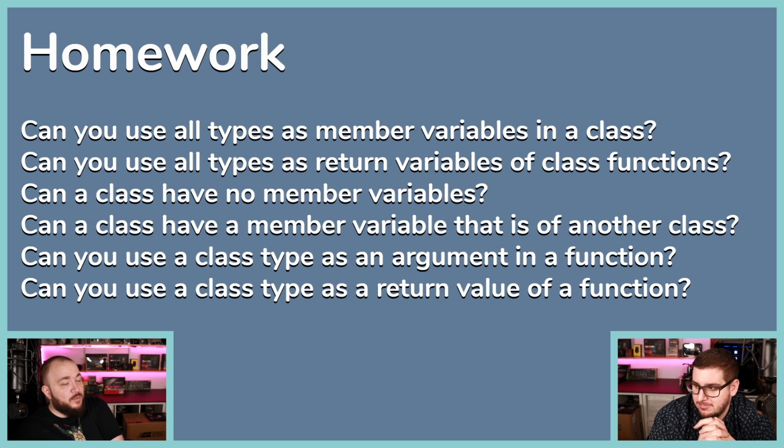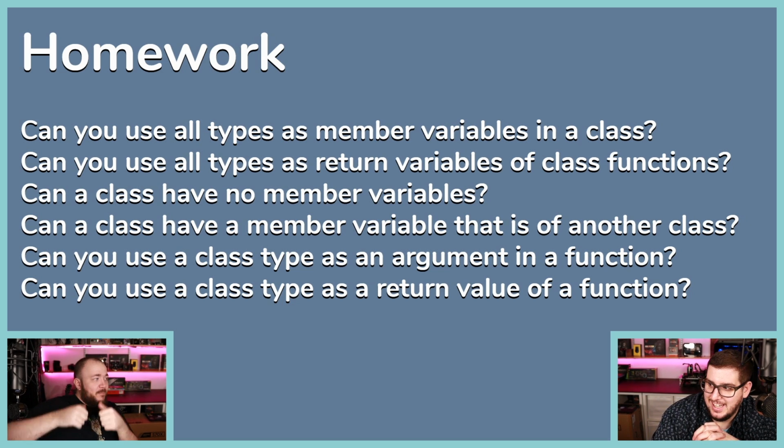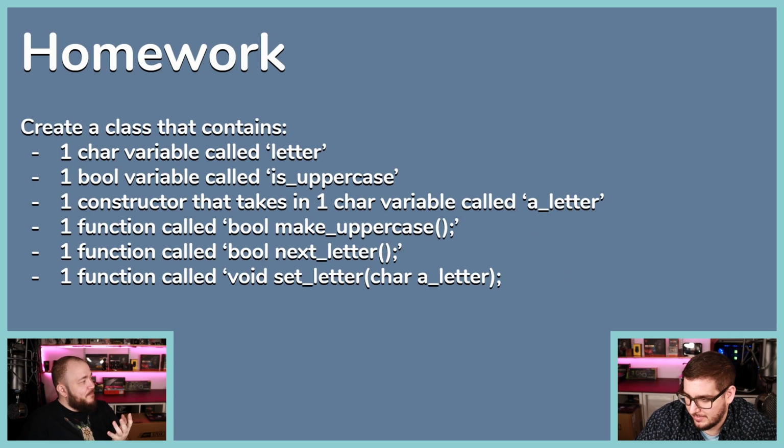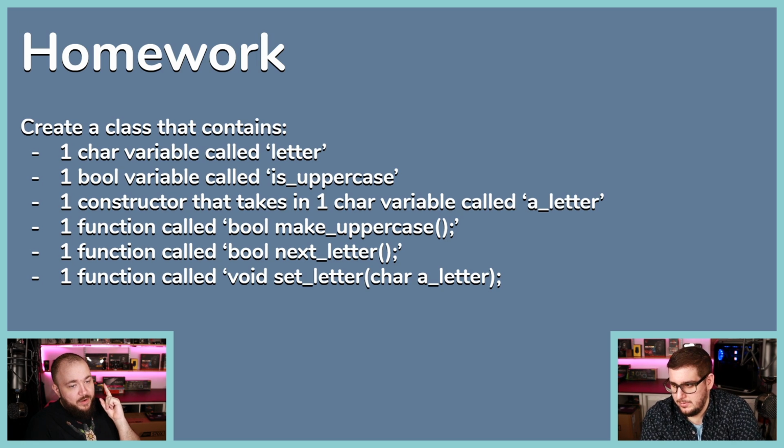Okay, and then the homework itself. So this is one screenshot. Great. Second one is big. Okay, but I'm only asking you to make one class. So again, in the theme of the alphabet, create a class that contains one char variable called letter, one bool variable called is uppercase, one constructor that takes in one char variable called a letter.